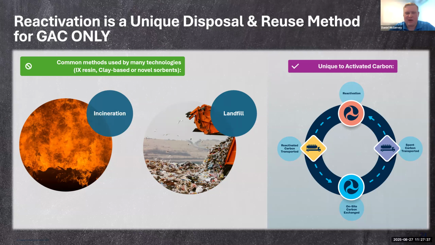There are other types of media out there, like an ion exchange resin, that can't be reactivated. They have to be either put into an incinerator or put into a landfill, which can come with its own issues, but carbon can be reactivated and reused into other applications as well. And that's really a big advantage.